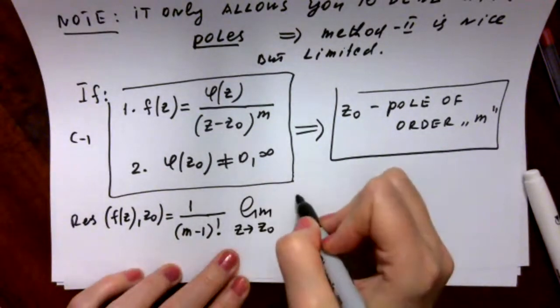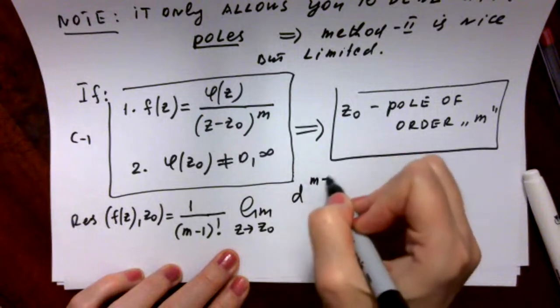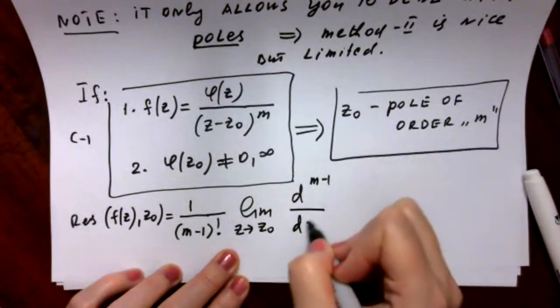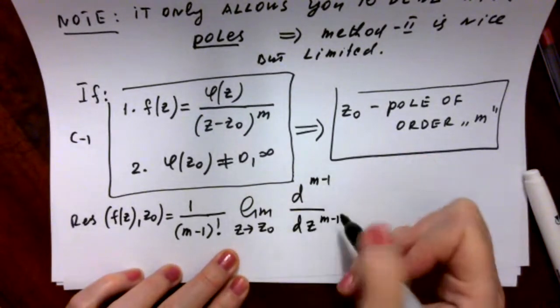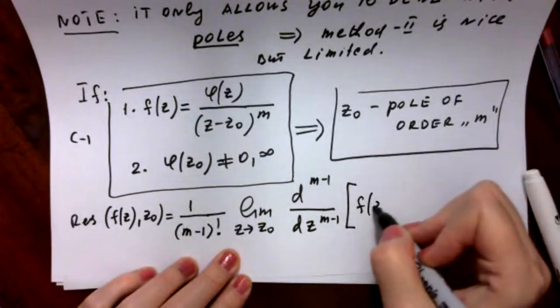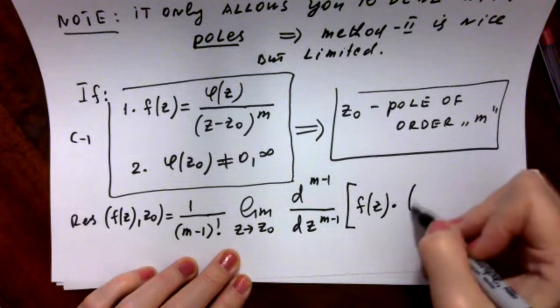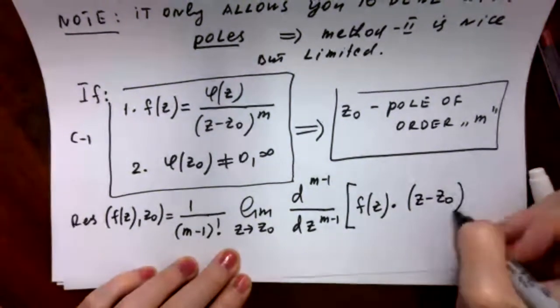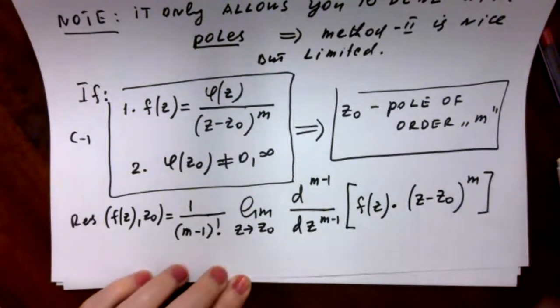Z0 is our singularity point, and here you will have to calculate the derivative of the (m minus 1)th order. So our formula gets bigger and bigger, as you can see. As I said, at first glance, it doesn't look very attractive. So f of z times (z minus z0) to the power m, and that's it.